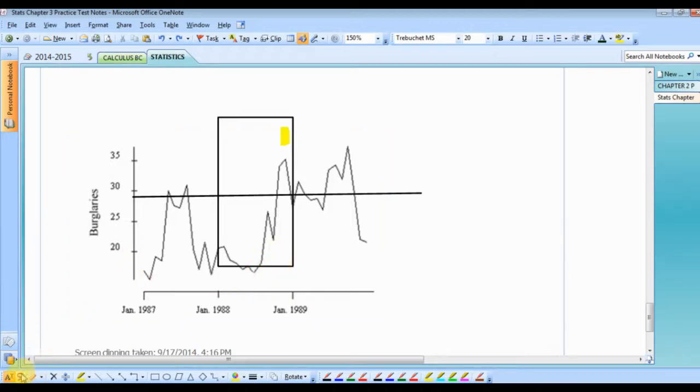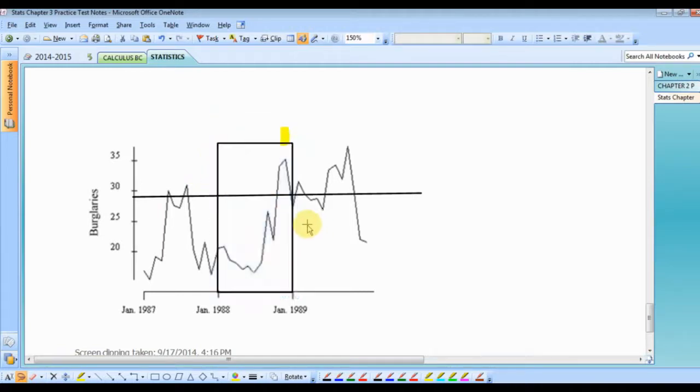If you're in calculus, you kind of understand what I'm saying, right? If I added all of these really big numbers together, I should have something bigger than if I added all of these together, right? So in other words, there were more burglaries in 1989 than there were in 1988.